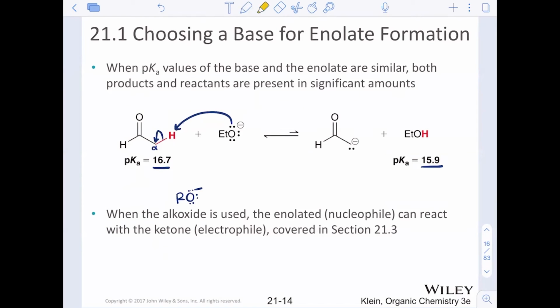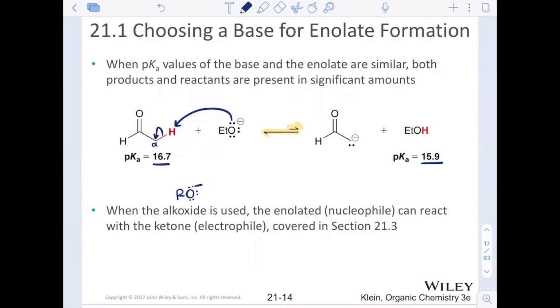But notice here our arrows are equilibrium arrows. And those equilibrium arrows favor the ketone form rather than the enolate form, or the aldehyde form rather than the enolate. And so that's going to be something very, very important. This is a reversible reaction.